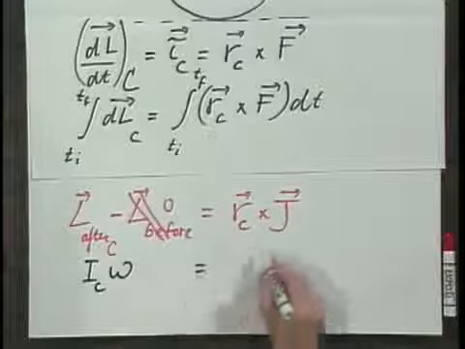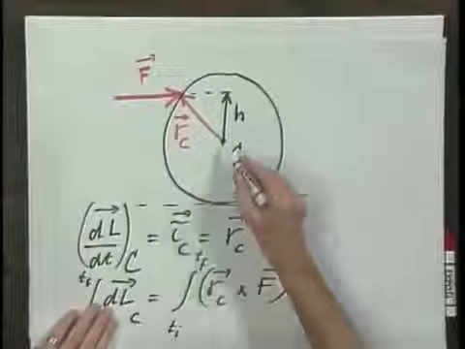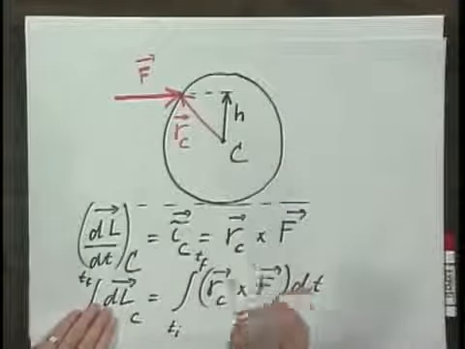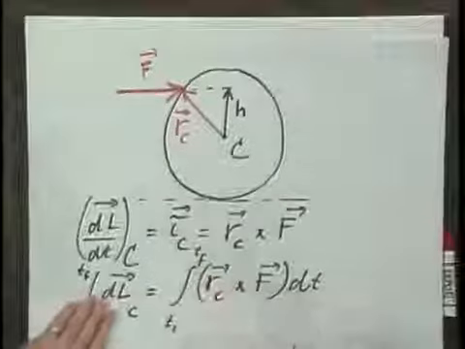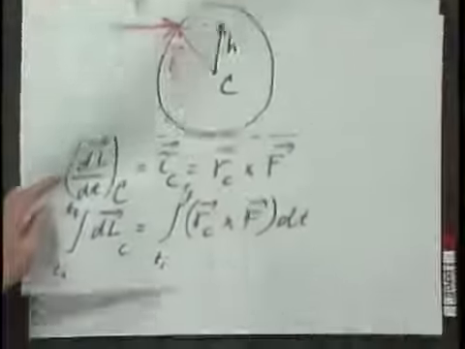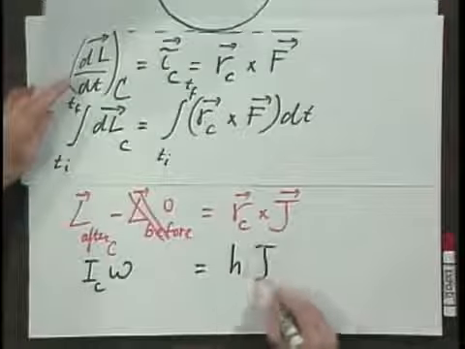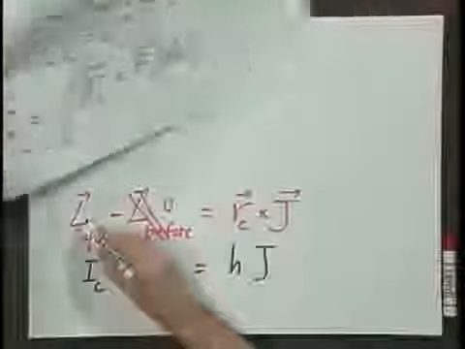And the magnitude of r_C cross J, and J is also in this direction, is going to be h times J. You work that out for yourself. This is the magnitude of this vector, and this is the magnitude of this vector.